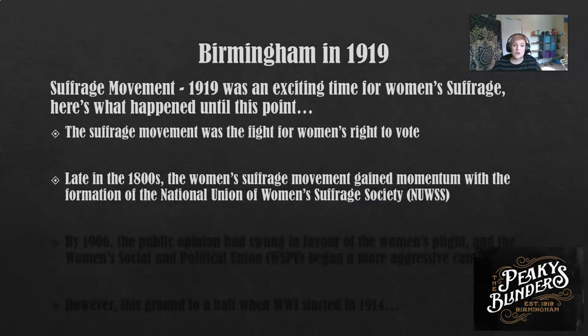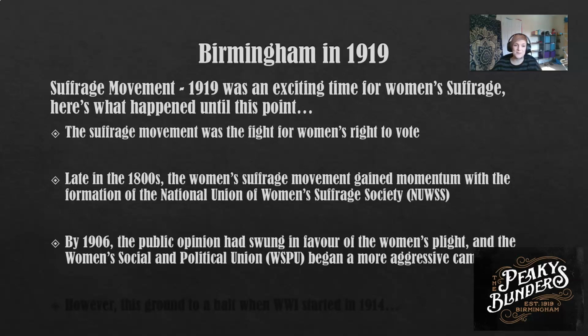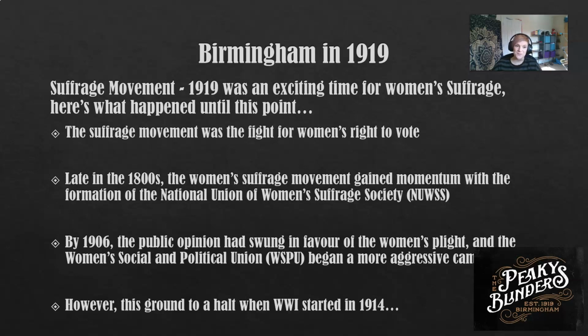Late in the 1800s, the women's suffrage movement gained momentum with the formation of the National Union of Women's Suffrage Society. By 1906, public opinion had finally swung in favour of these women's plight, and the Women's Social and Political Union began to aggressively campaign for women's suffrage.